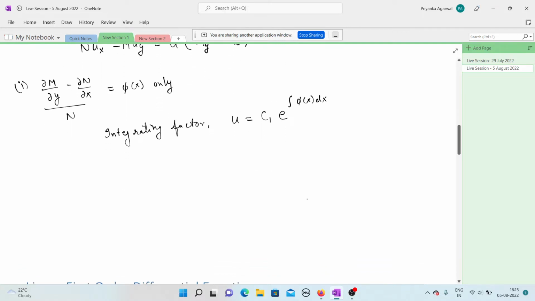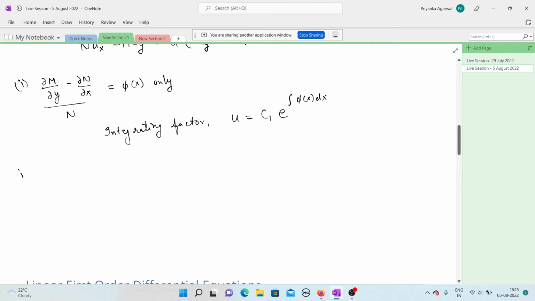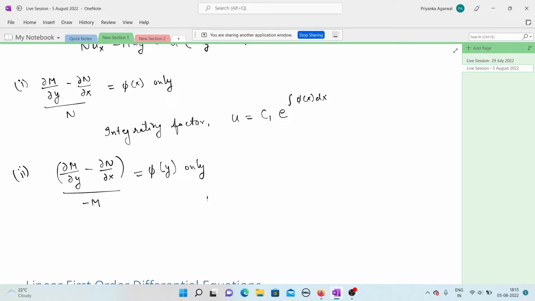Similarly, we can check if we can get this integrating factor as a function of y only. For that, if this expression comes out to be a function of y only, then simply the integrating factor can be written as some constant times the exponential of the integral of phi dy.